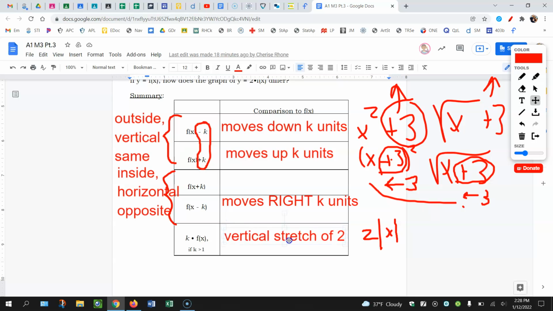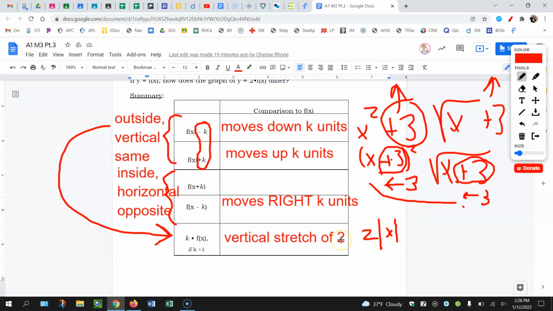That's what it's going to be if it's greater than 1. And again, this is going to be outside, and it's going to be the same. If I multiply something by 2, it's going to get bigger. It's going to stretch. Outside, vertical, same.